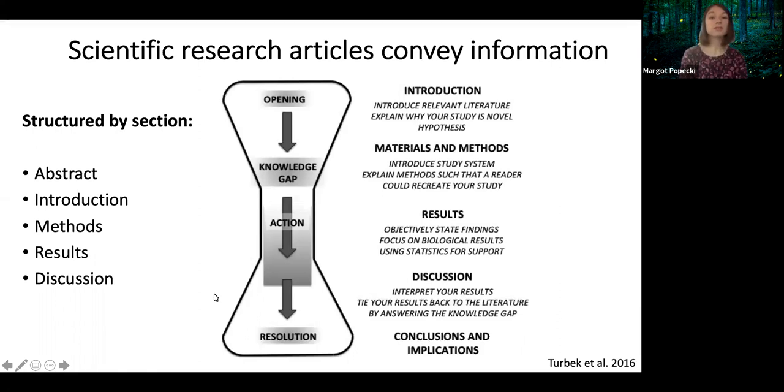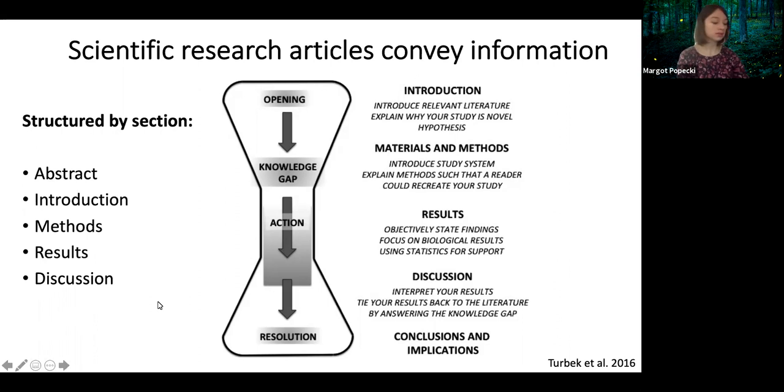So scientific research articles, again, are intended to communicate scientific knowledge with a professional audience. So their goal specifically is to do that efficiently. So to address that, scientific articles are structured into specific sections, which are the abstract, the introduction, methods, results, and discussion.